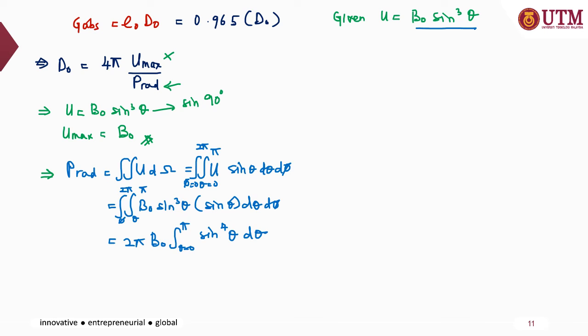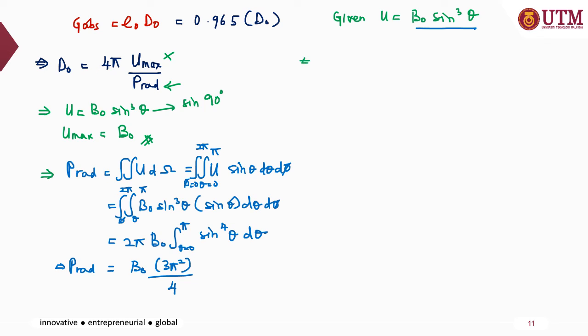Okay, you solve the integration, then finally you'll get P rad equal to B naught 3 pi squared divided by 4.